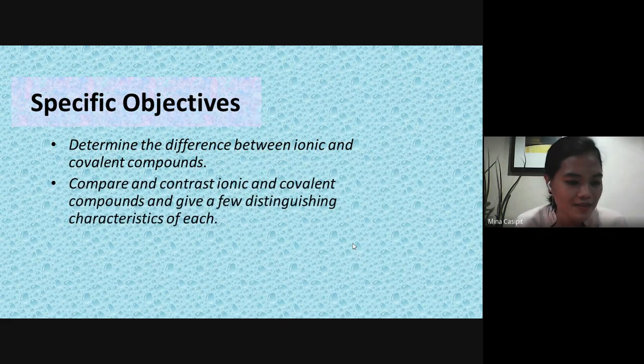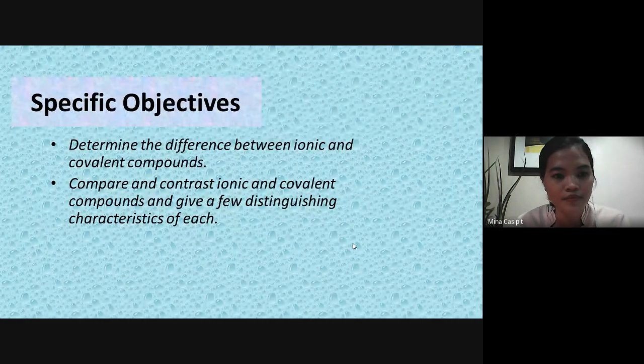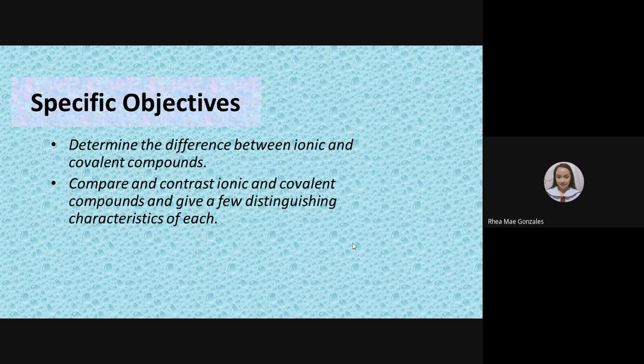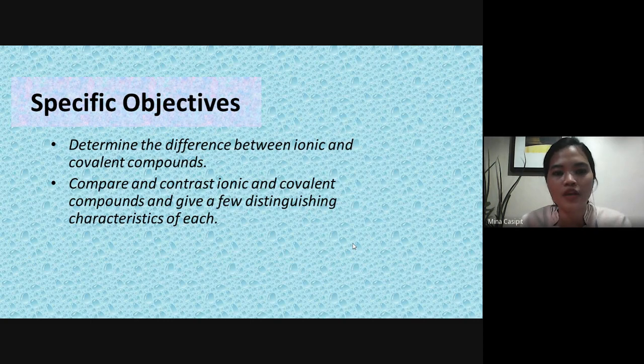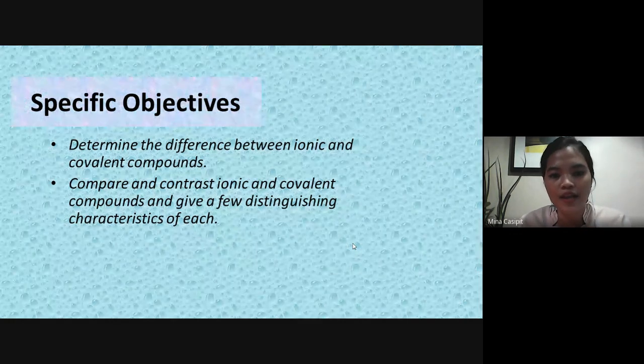Second, please read the second objective, Ria May. Compare and contrast ionic and covalent compounds and give a few distinguishing characteristics of each. Okay, so at the end of this lesson, we will compare and contrast the characteristics of ionic and covalent compounds.